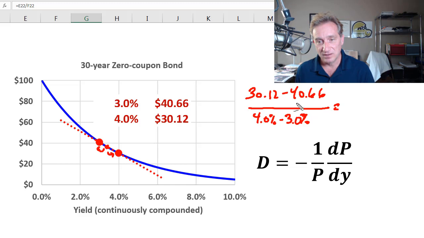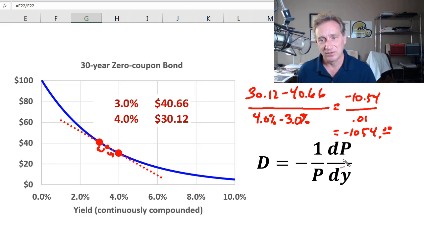So this turns out to be, let's see, in the numerator, negative $10.54, and then the denominator, I have 0.01, and so this ends up being, it looks like, negative 1,054, a rather large number at first glance. Now, that's the slope of this secant line that's approximating the point of tangency at 3.5%.